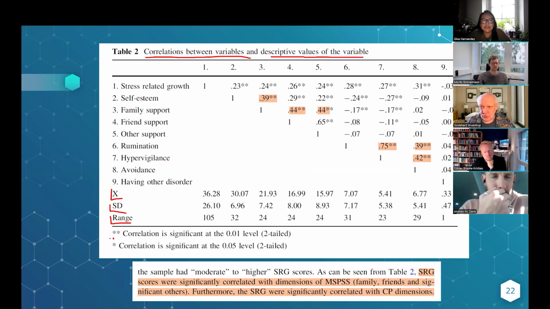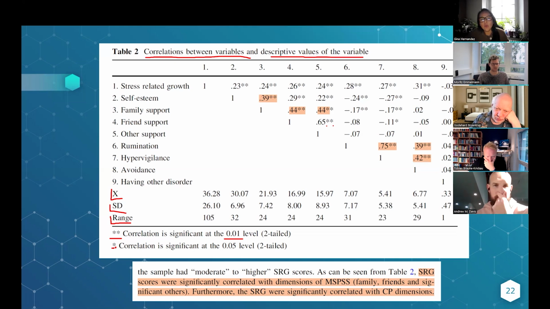Can you see here 2 asterisks? They mean that the correlation is significant at the 0.01 level. This is the p-value. When you see 2 asterisks in the numbers, then you are seeing that a p-value is below 0.01, which is great because it's really, really small. This is the thing we want, right?